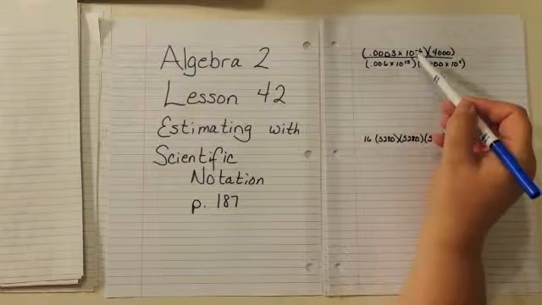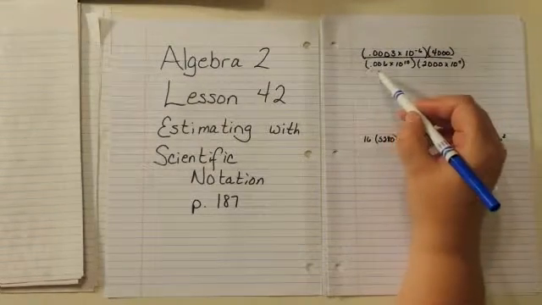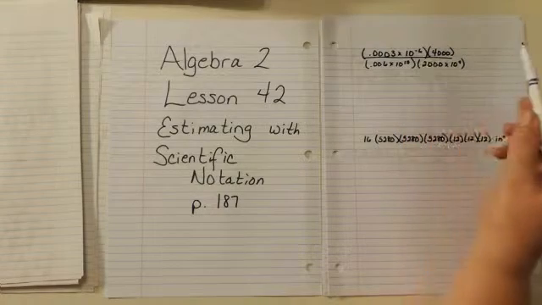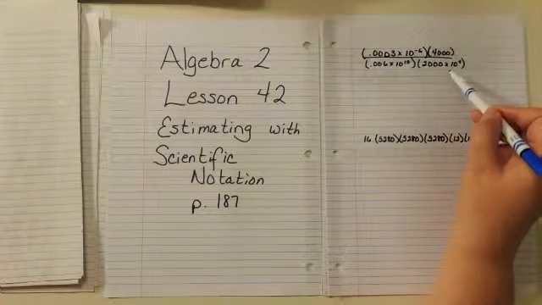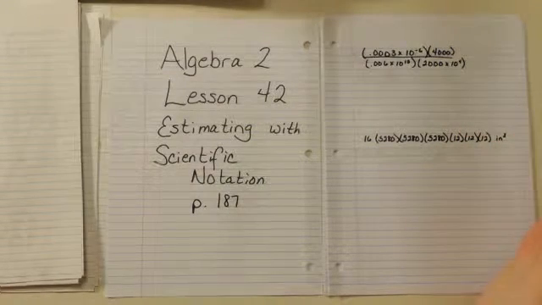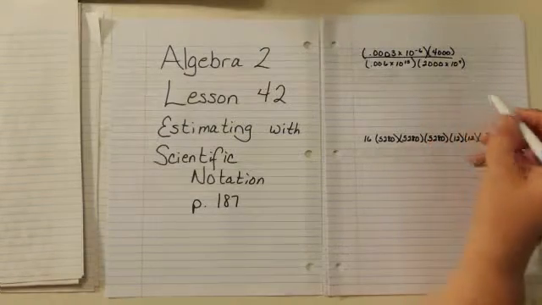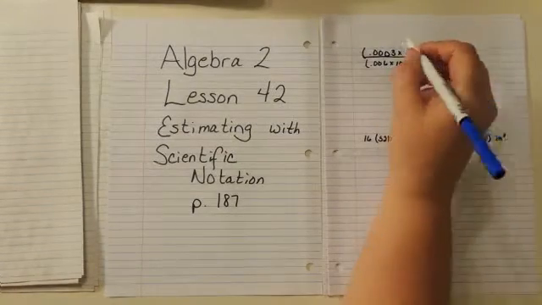0.0003 times 10 to the negative 6 times 4,000 all over 0.006 times 10 to the 15th times 2,000 times 10 to the 4th. We simplify this by rewriting all of the terms in standard scientific notation.